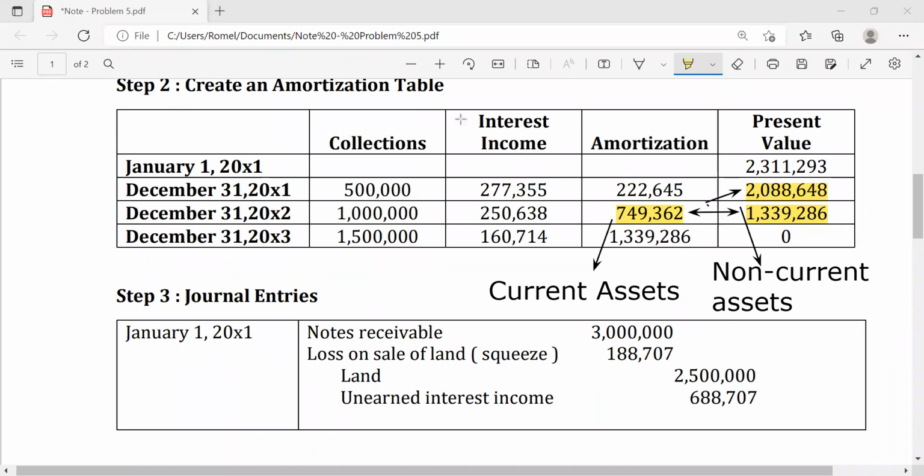Ito ang magiging sagot. So again, if we're talking about notes receivable with installment collection of the principal, be aware that there might be a necessity for you to separate magkano ang current portion, which is, in this case, 749,362, and non-current portion, 1,339,286.